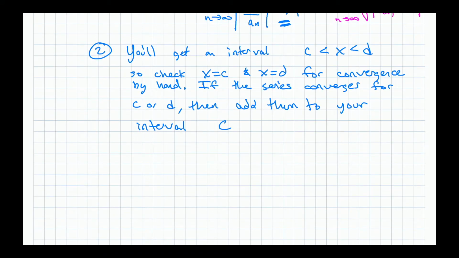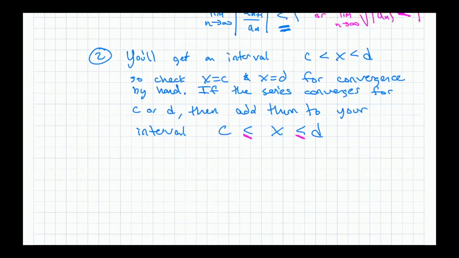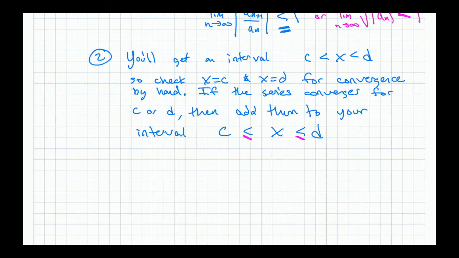Like this: if you want to add the C back in, you just do this, and if you want to add the D back in, you just do that. So that's it, a two-step process. Ratio test to get an interval, but then you have to check the endpoints of the interval. So that's the method.